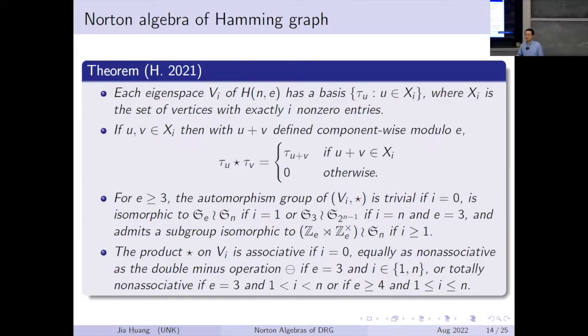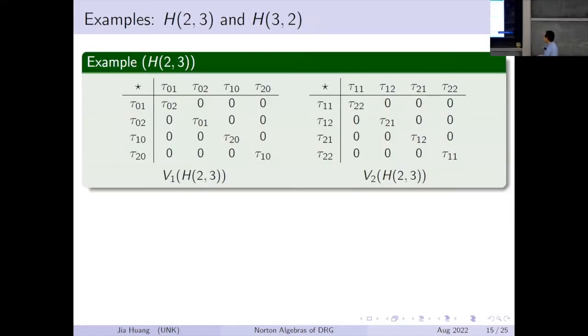And we came up with the double minus operation without knowing any connection with the Norton algebra. So it was kind of interesting to see this connection here. And there's also that other extreme case: this Norton algebra could be totally non-associative when e equals 3 and i is strictly between 1 and n, or if e is greater than or equal to 4 and i is between 1 and n. Okay, I'll give you some examples.